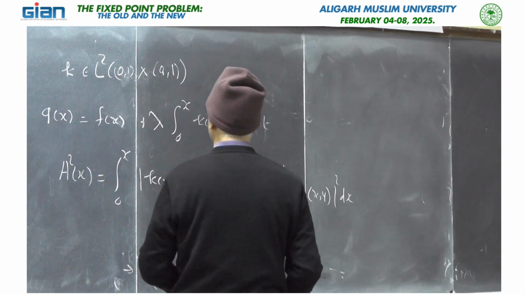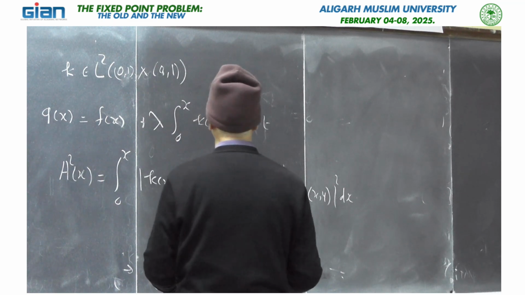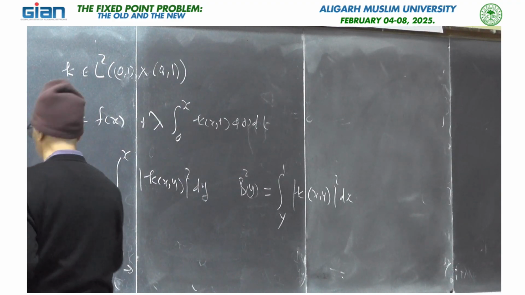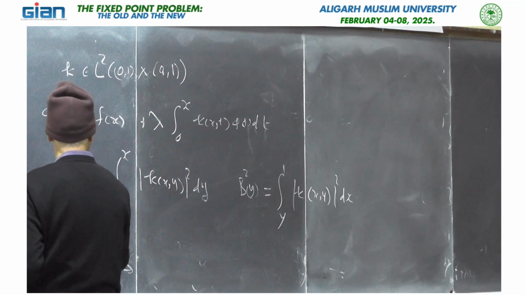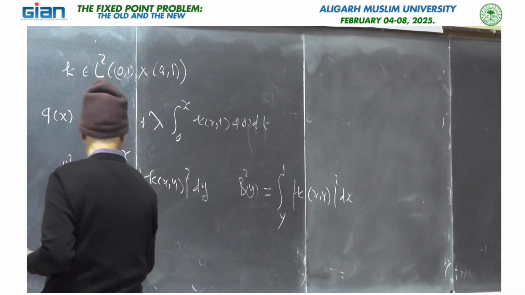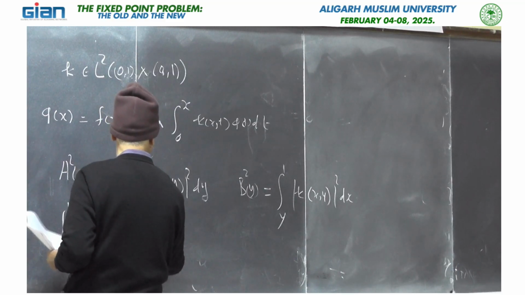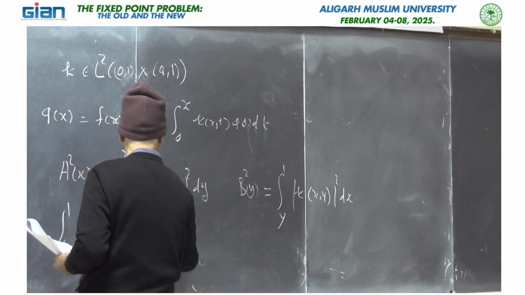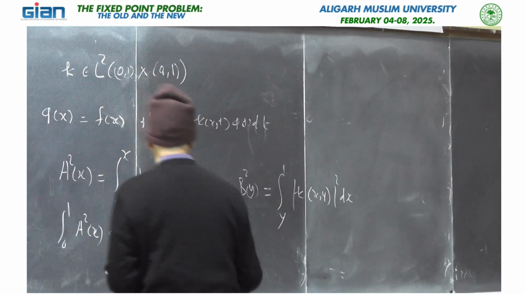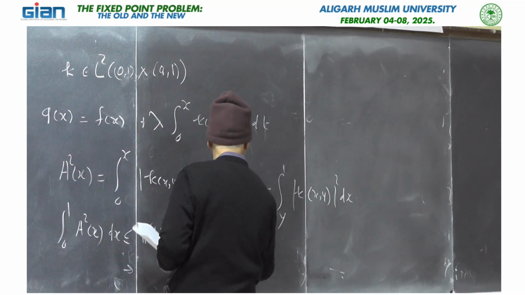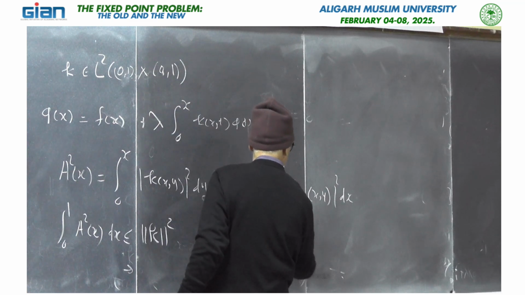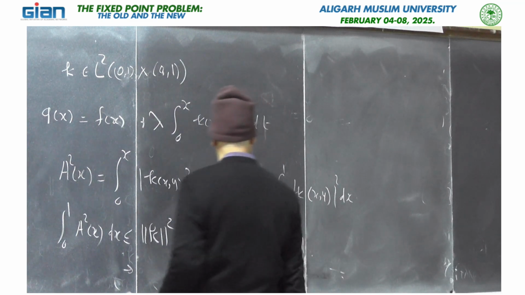Then you see that the integral of this will be bounded because of this condition. The integral from 0 to 1 of a squared x will simply give you the integral from 0 to 1, so that is bounded by norm little k squared. I am not writing L2 and all that, it's understood. Similarly, the integral from 0 to 1 of b squared y dy is also bounded by norm little k squared.